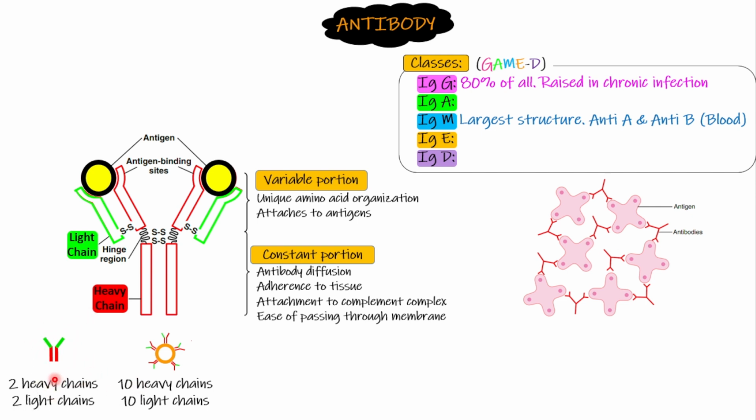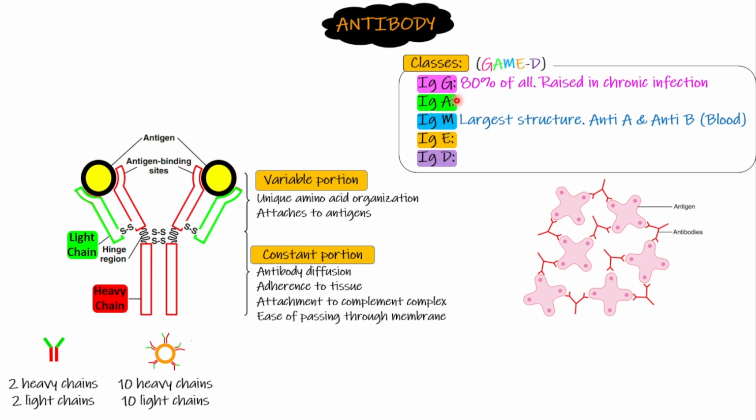IgG is the greatest in number: 80% of all antibodies are IgG antibodies. So IgM has the largest structure and IgG has the largest number. IgM includes the famous anti-A and anti-B antibodies, which you must have studied in blood groups, and we will also study them in detail in the next chapter. The anti-A and anti-B antibodies of the ABO system are IgM antibodies.